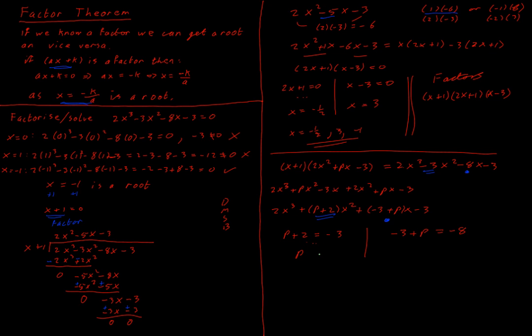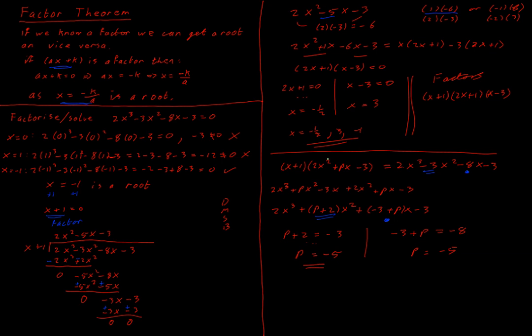Rearranging these equations, I would get p is equal to minus 5. Rearranging this one, I would also get p is equal to minus 5. So a nice check that my method was correct. I got the same value for p from both of these equations. We know from other types of situations where we'd have more unknowns, we'd need our two equations to find all of our missing letters. But in this case, we just have two equations in p, and we're happy that we get the same answer for both.